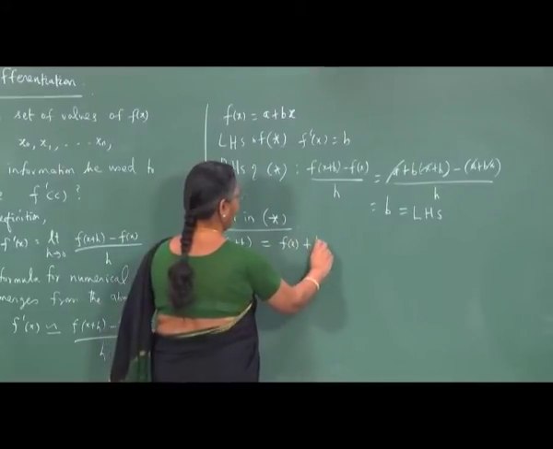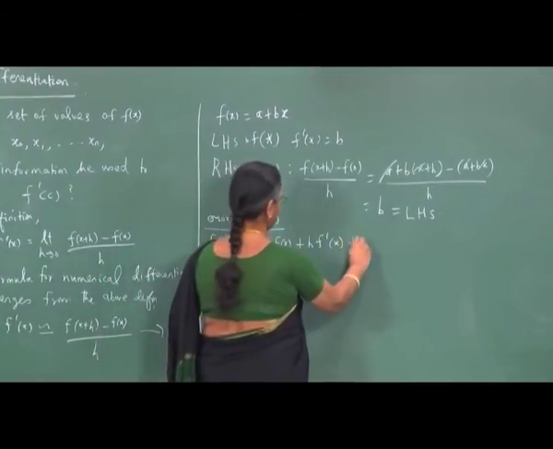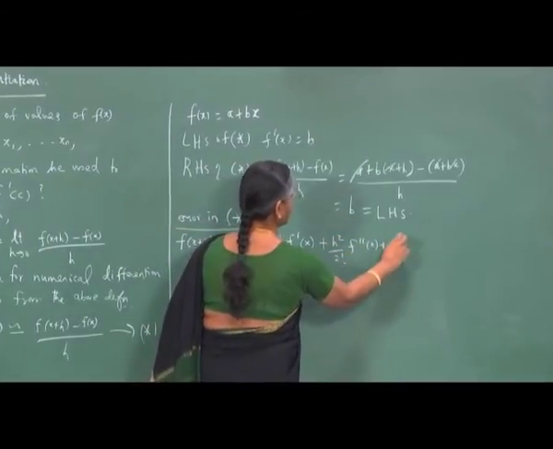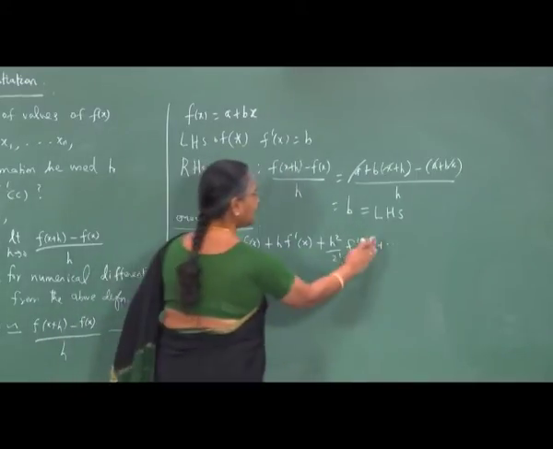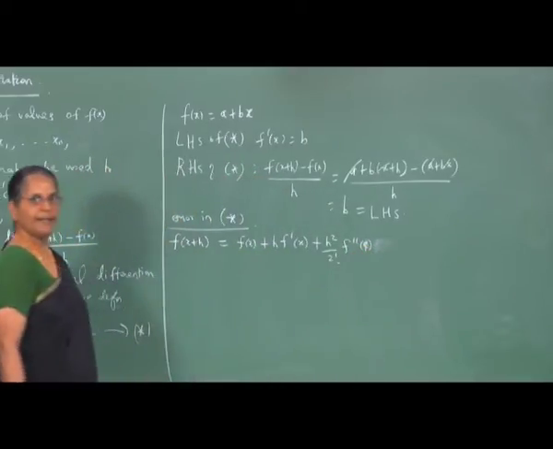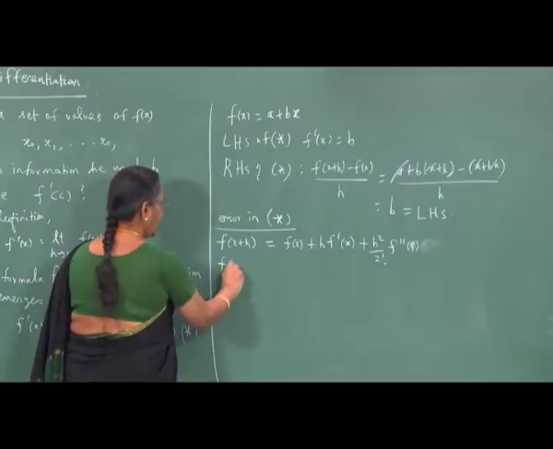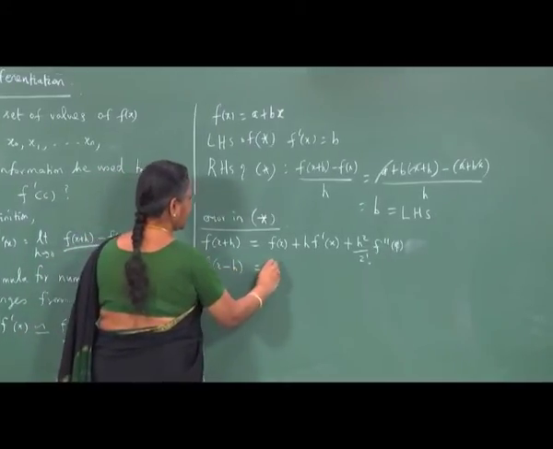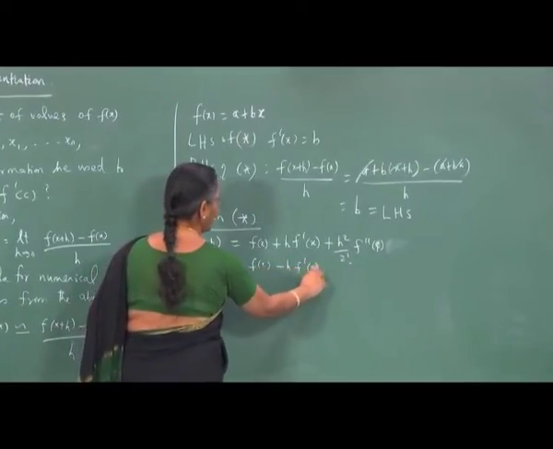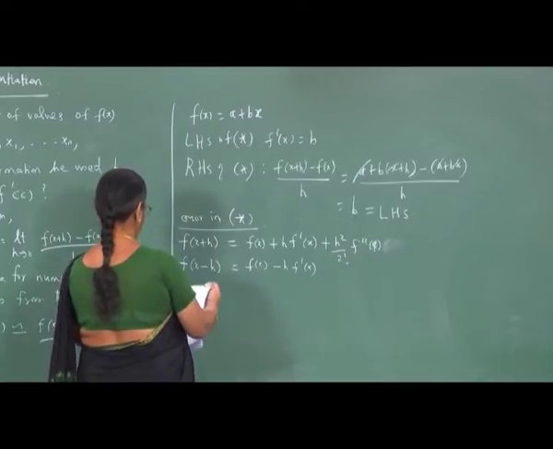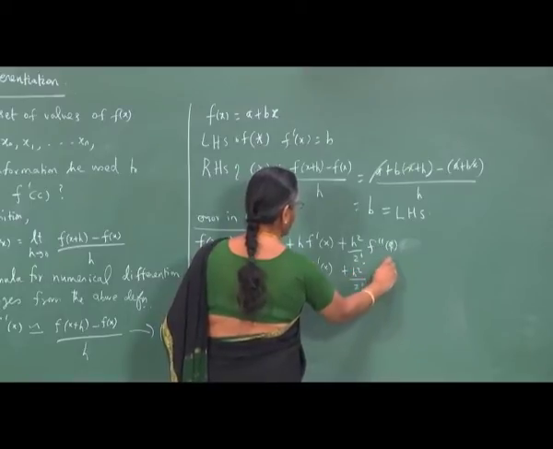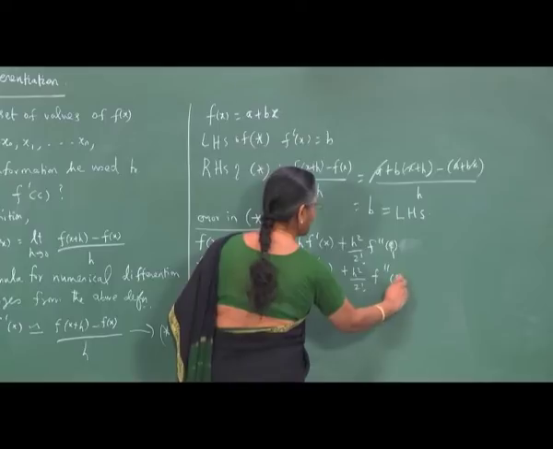So, this will give you f of x plus h f dashed of x plus h square by factorial 2 into f double dashed of x plus etc. Suppose I truncate this at this stage, then this will be f double prime at psi, and f at x minus h is going to be f of x minus h into f dashed of x plus h square by factorial 2 into f double dashed, say at some other point psi 2.